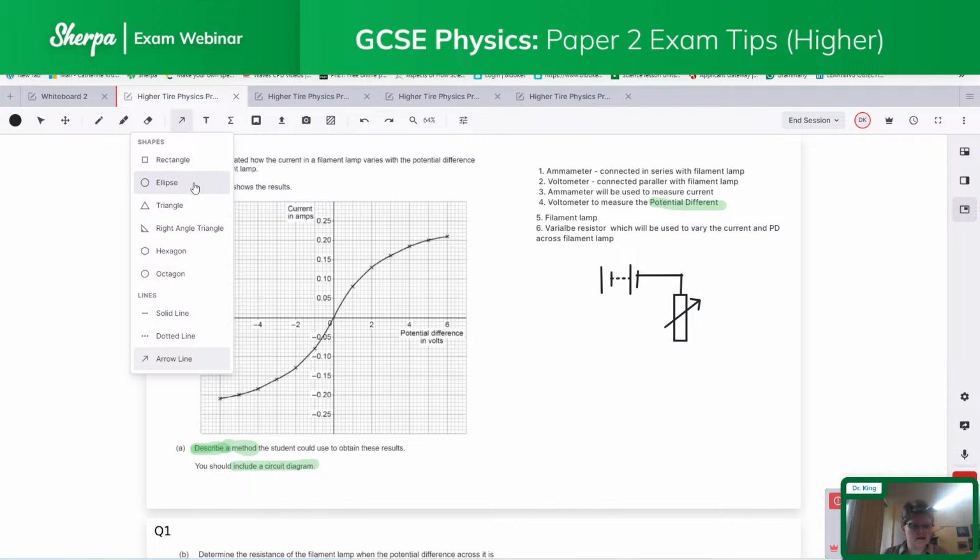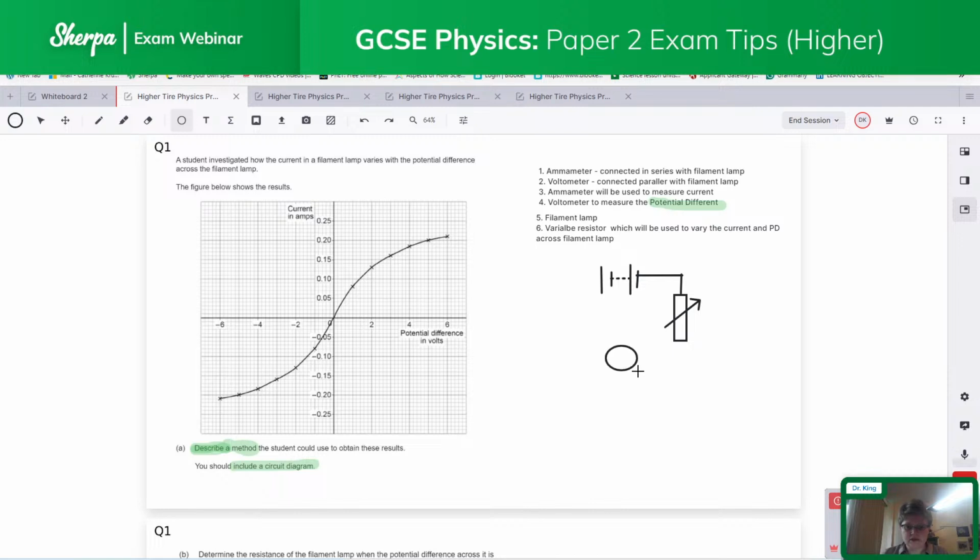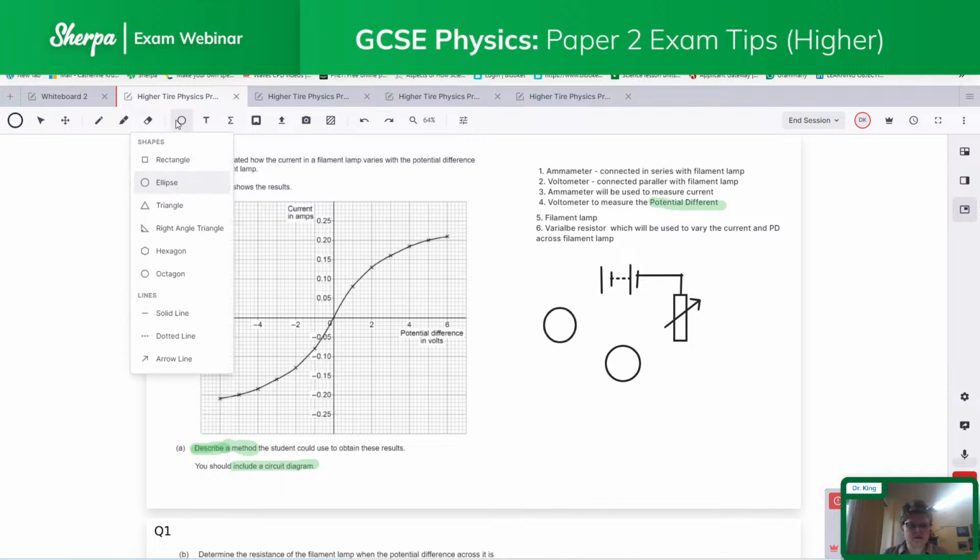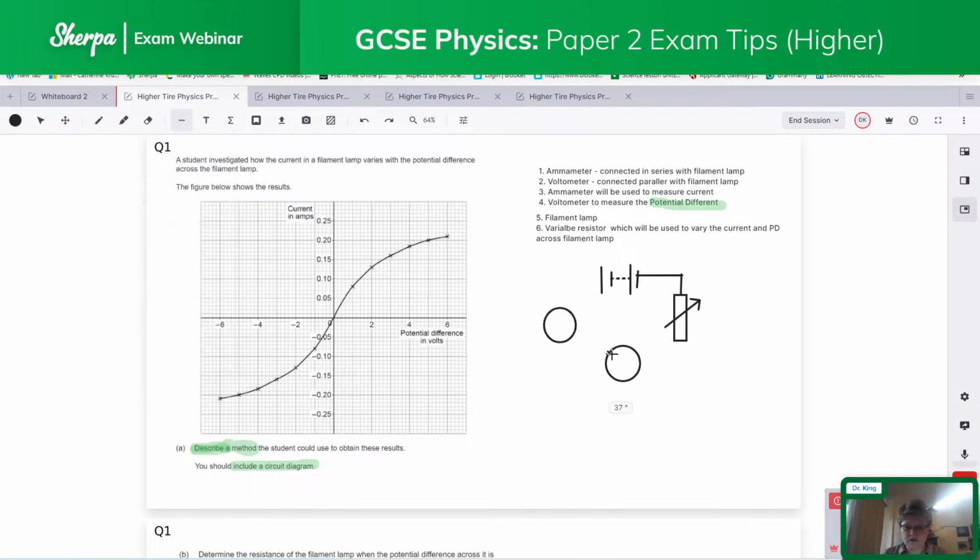After that, we connect our filament lamp, whose symbol is a circle with an X. They may trick you. They may say there is an LED lamp.